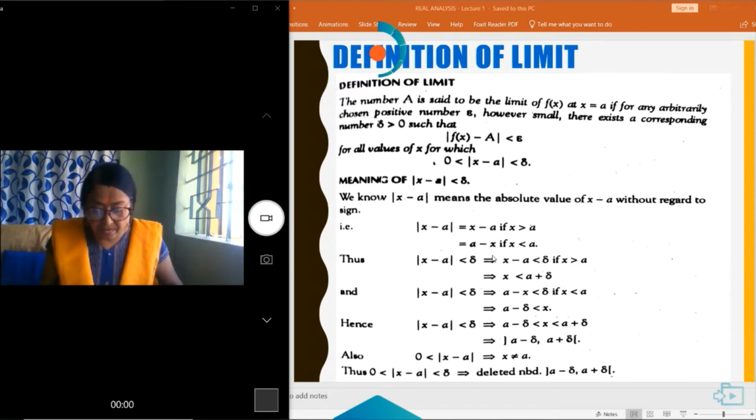What is the meaning of modulus of x minus a less than delta?